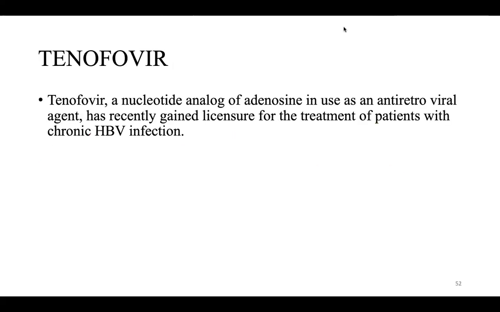Tenofovir maintains activity against lamivudine and entecavir-resistant hepatitis B virus isolates, but has reduced activity against adefovir-resistant strains. Emergence of resistance appears to be substantially less frequent during therapy with tenofovir than with adefovir.